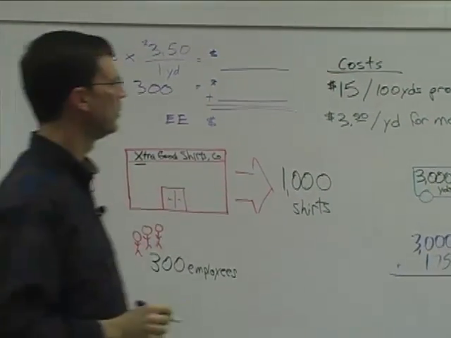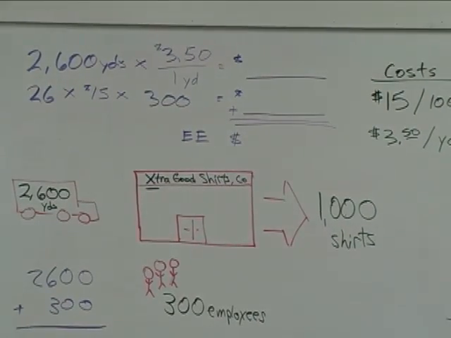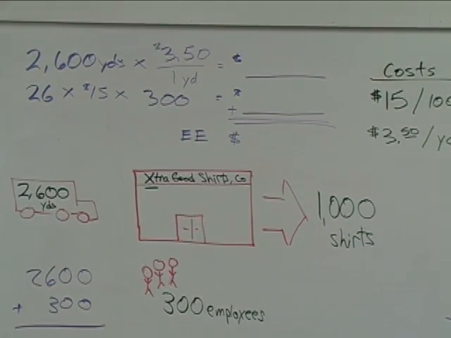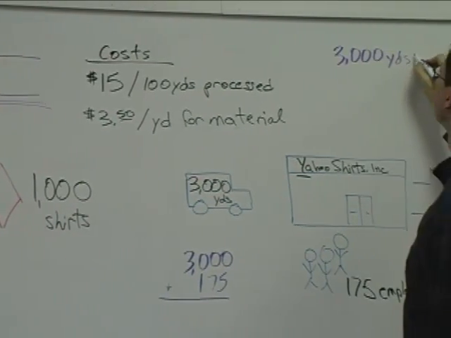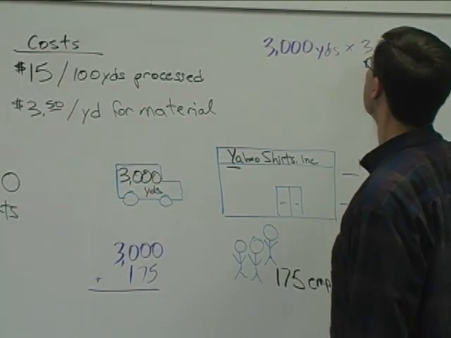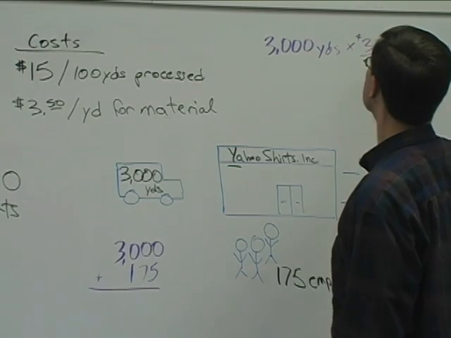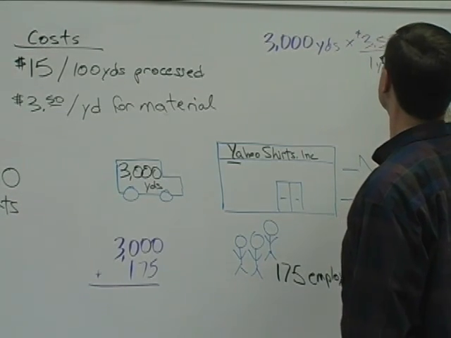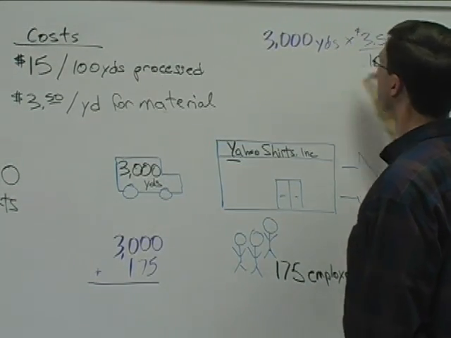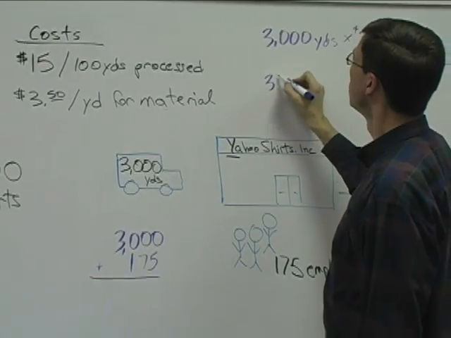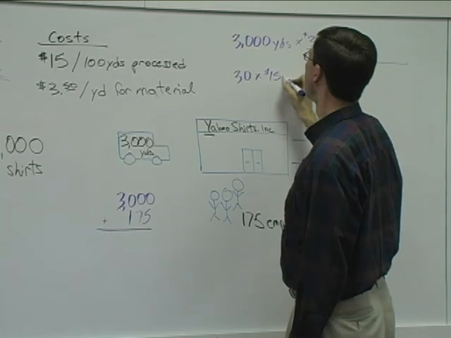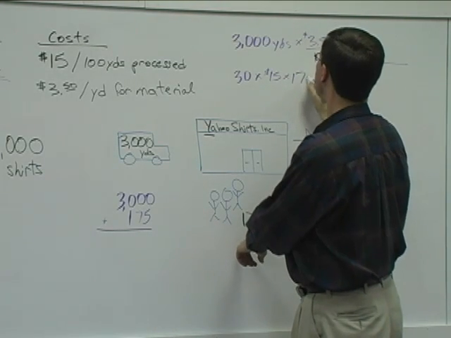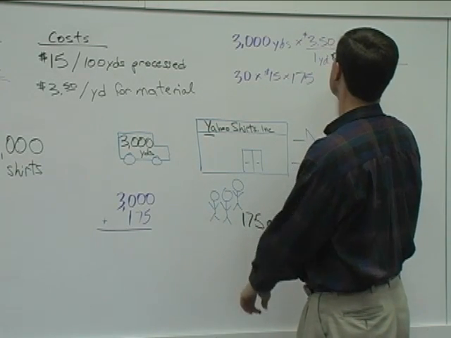Now let's do the same thing over here with the Yahoo Shirt Company. We're going to take the 3,000 yards times $3.50 per yard. Divide by 100, so we have 30 times $15 times the 175 employees.